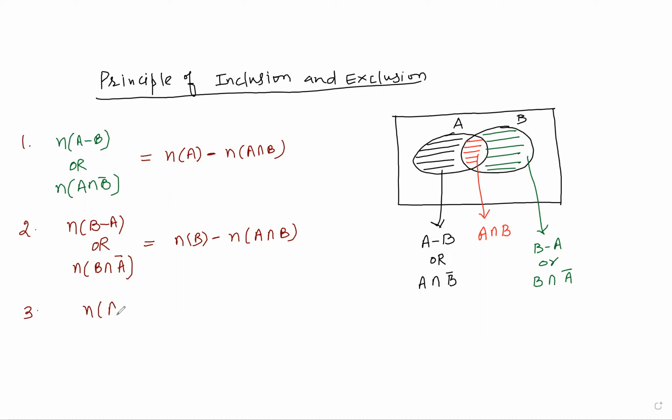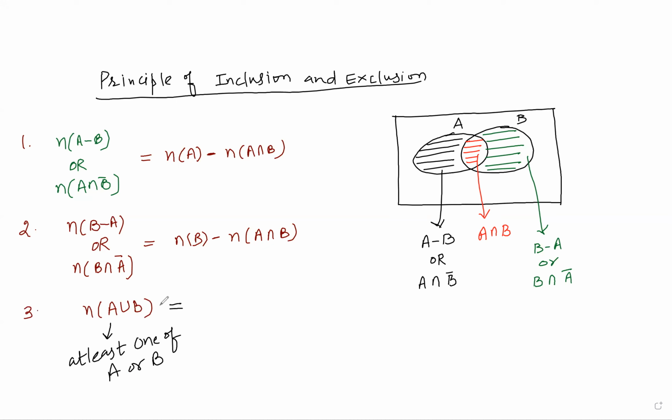Now, basically, what is numbers in A union B? This A union B means at least one of A or B, which means either A or B or both.